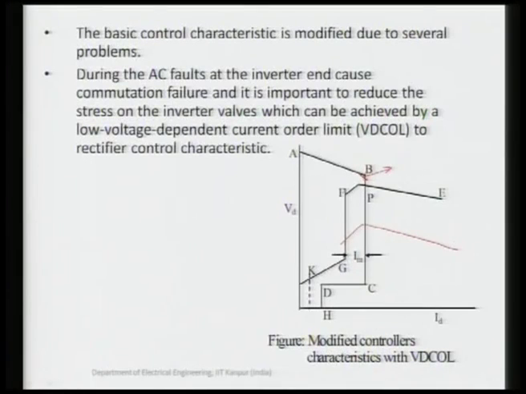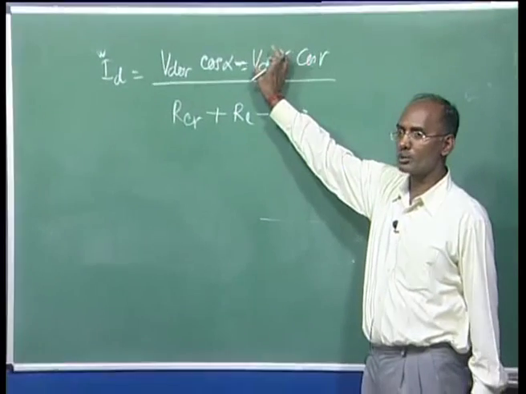The characteristic will go down because the VDCOL is going to change. Still here you are going to have this one because this is already beta. If you go further, you are operating somewhere here. So these are the parallel characteristics of your gamma minimum, and only this value is changed due to the AC voltage.